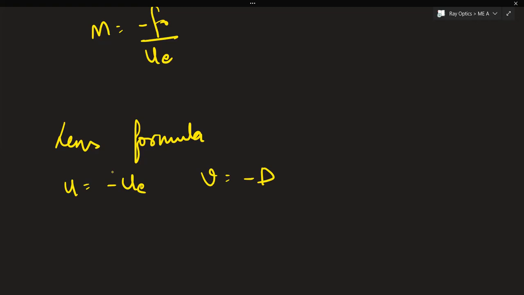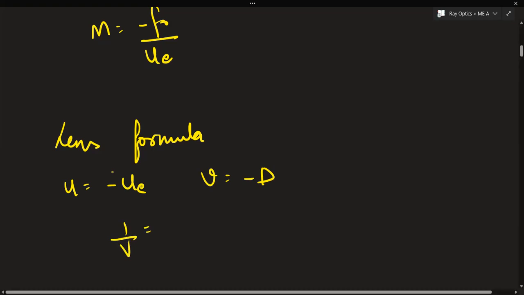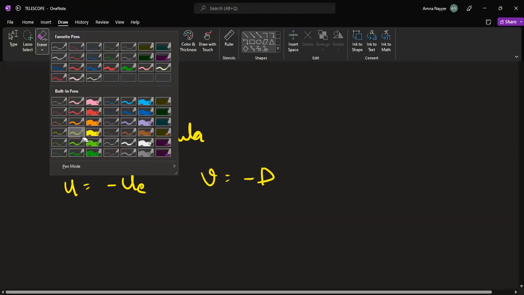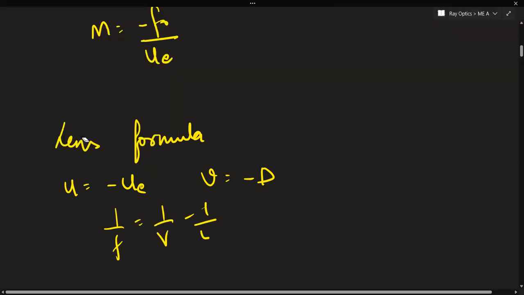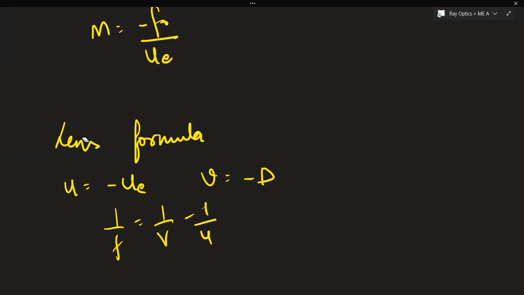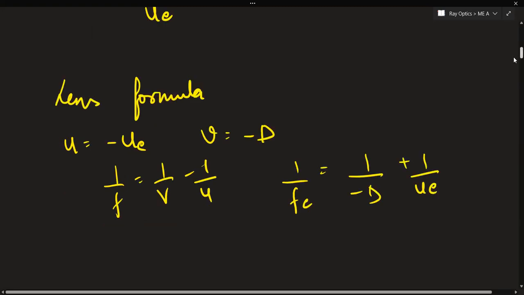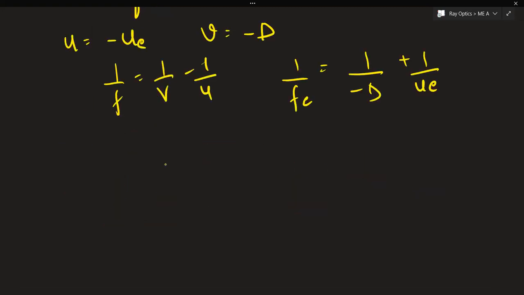Now applying the lens formula, 1 by F is equal to 1 by V minus 1 by U. So from here, 1 by FE will be equal to 1 by minus D plus 1 by UE.